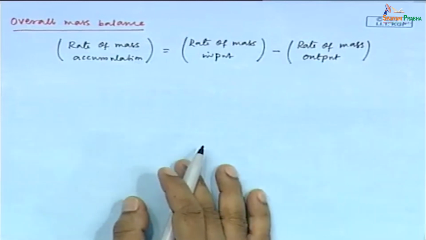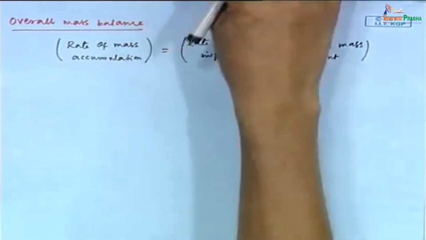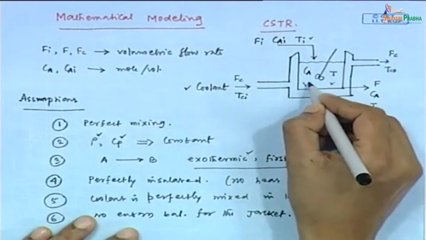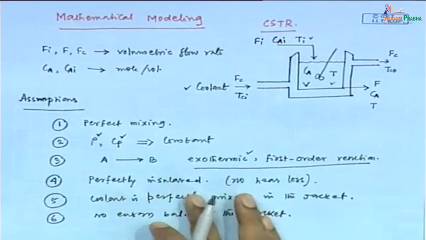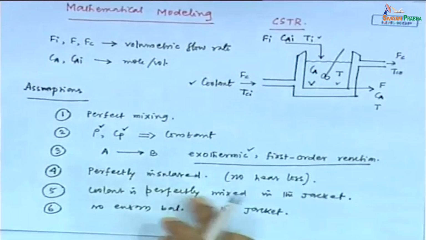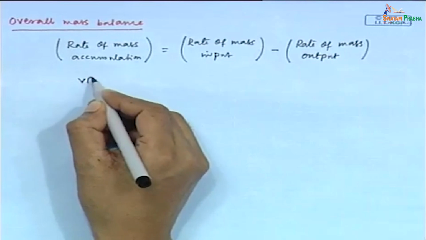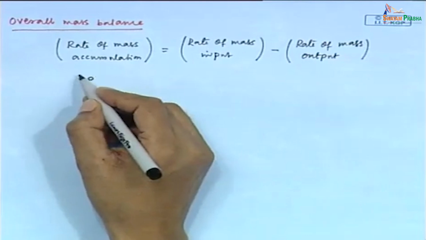In this reactor system, consider the volume of the liquid in the reactor is V. If we multiply V with density, this whole term becomes mass.